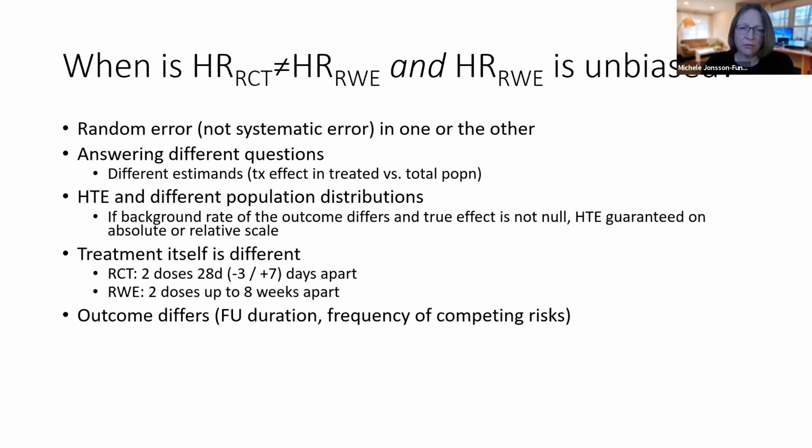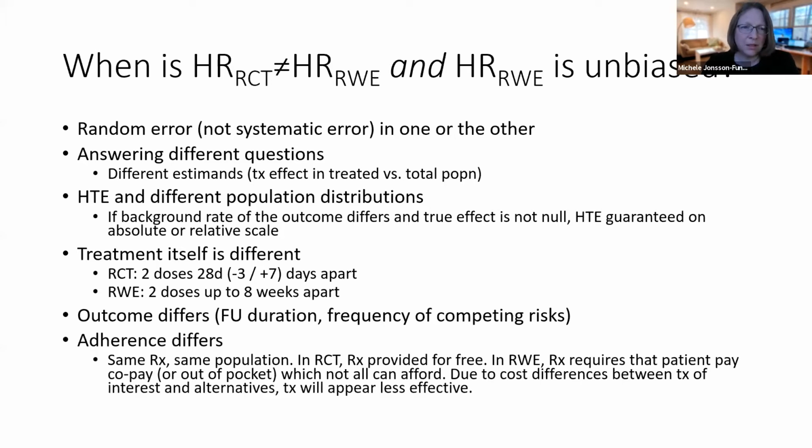Similarly, competing risks can be an important influence on how many of these outcomes we observed, and this is something that real world populations can differ from trial populations in fairly substantial magnitude.